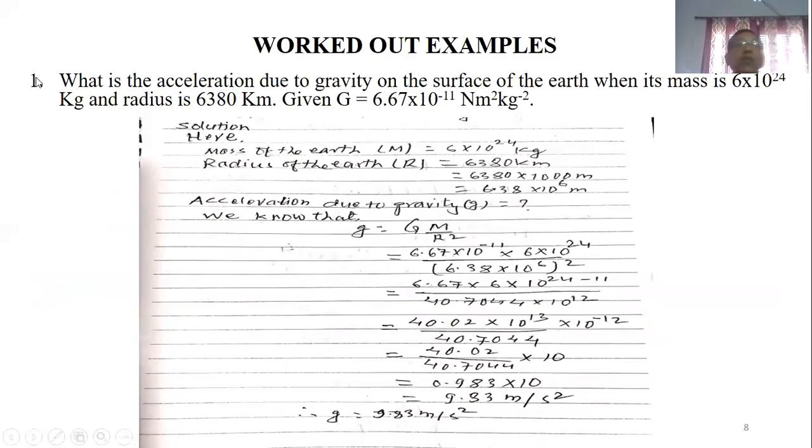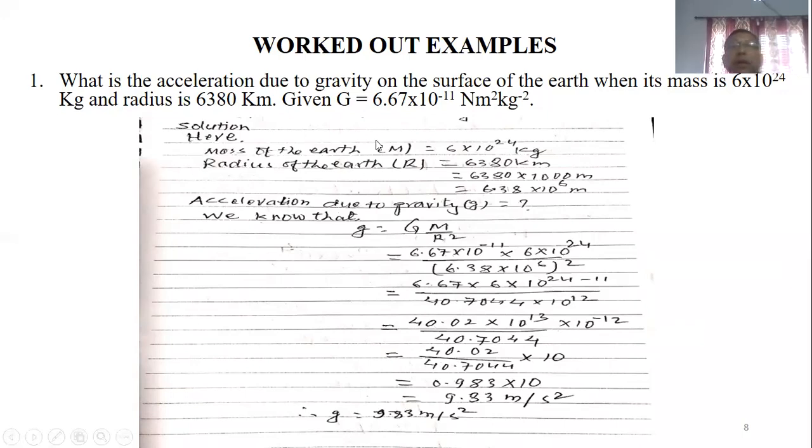Number 1: what is the acceleration due to gravity on the surface of the earth when its mass is 6 into 10 to the power 24 kg and radius is 6,380 kilometer, given G equal to 6.67 into 10 to the power minus 11 Newton meter square per kg square. Let us solve it. Solution here.